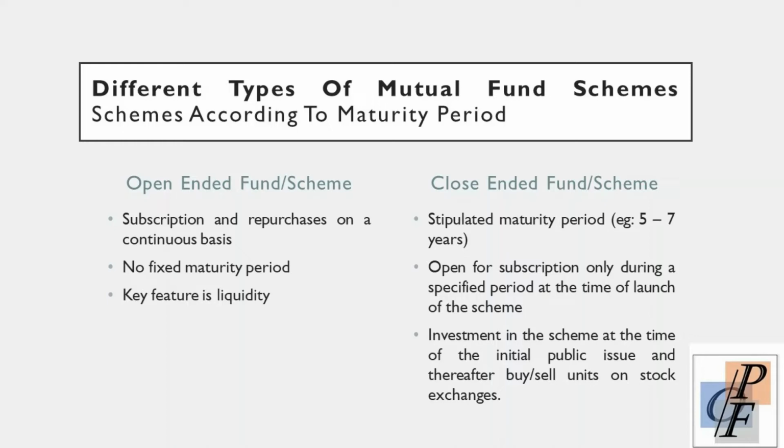Whereas closed-ended funds have a stipulated maturity period, for example between 5 to 7 years, and they are open for subscription only during a specified period at the time of launch of the scheme. Investment in the scheme is at the time of the initial public issue, and thereafter the buying and selling of these units depends on the stock exchange.